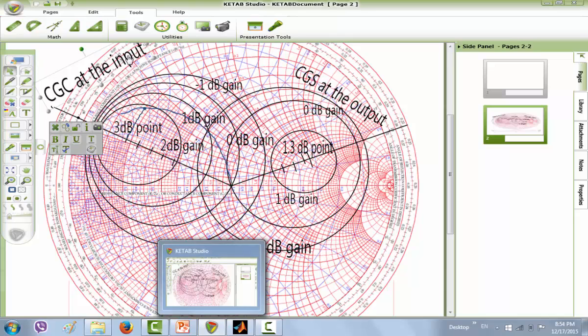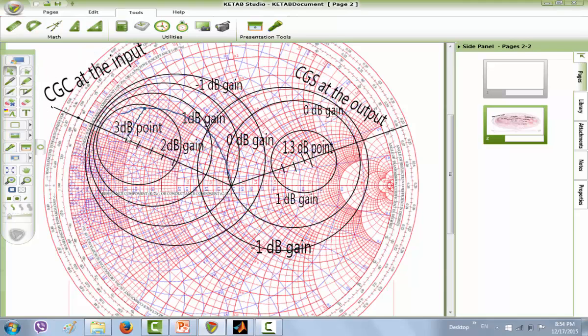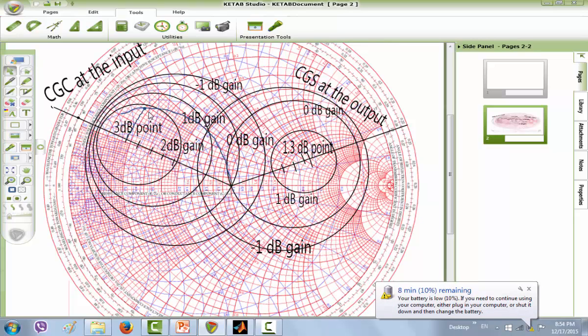Now moving from the 3 dB point to the intersection point, we moved on a constant resistive circle clockwise. So here we're adding a series inductor, and we can find its value by subtracting Zi minus ZA.